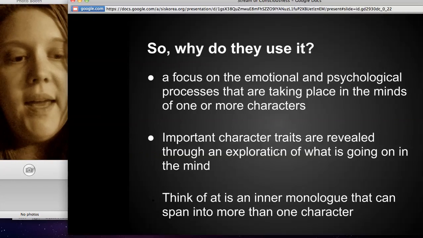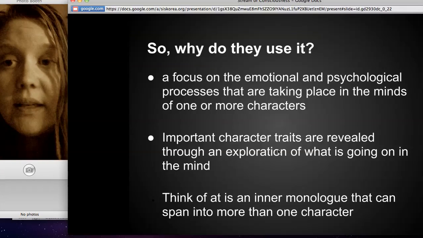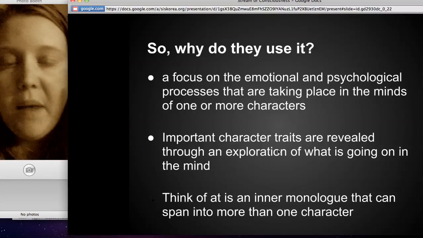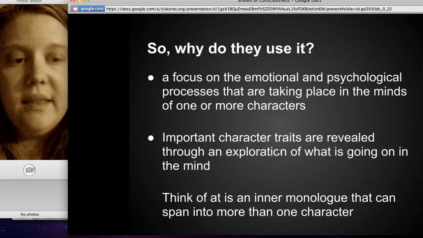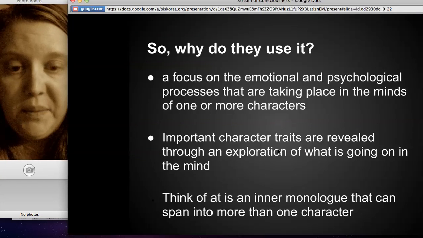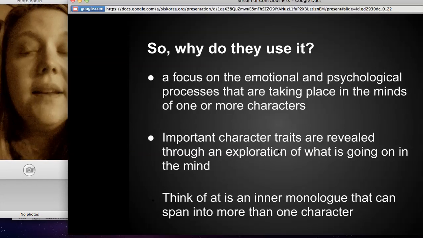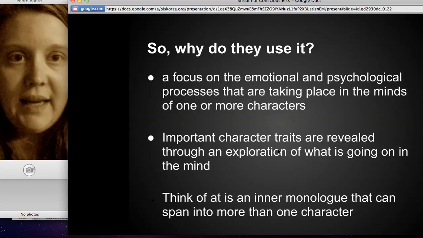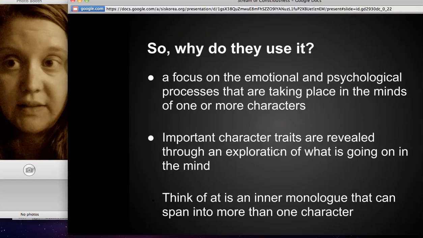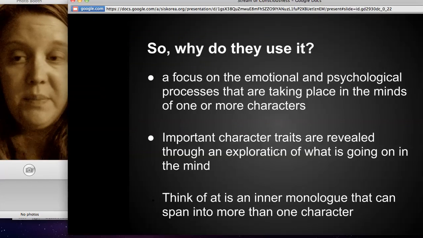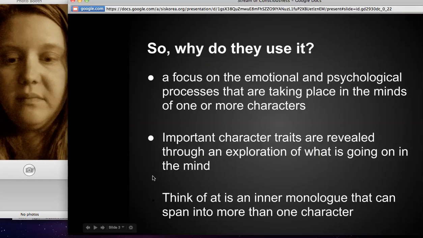That's the beauty of it, that you get to understand the workings of the mind by exploring the character through a stream of consciousness. Think of it as an inner monologue, and this inner monologue can jump from people to people.